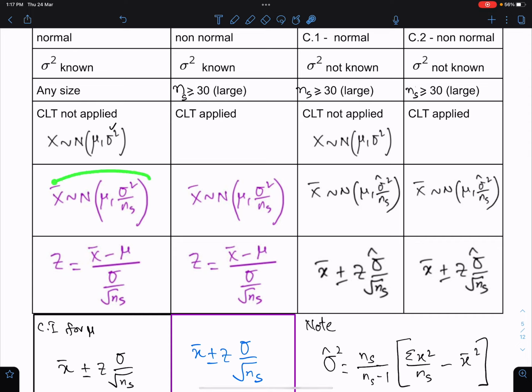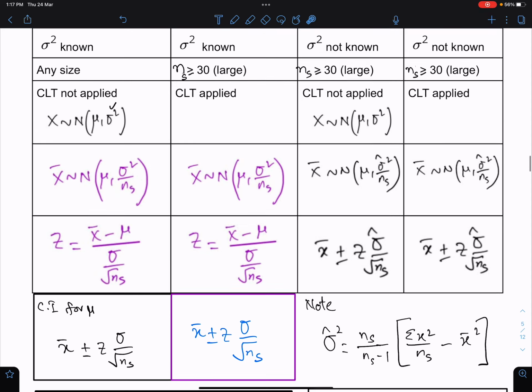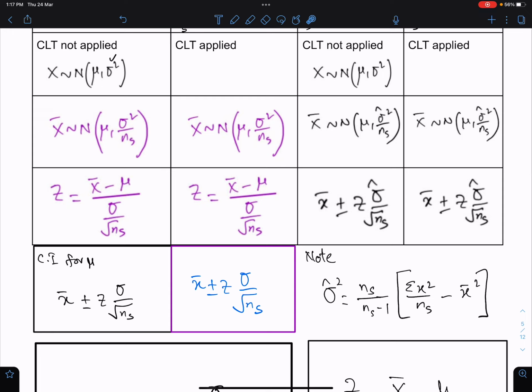So according to this distribution, we can write the formula for Z. The formula for Z is x bar minus mu divided by the square root of this thing. When you take the square root of this, you will get sigma over under root n_s. And the formula of confidence interval for this case is x bar plus minus z.